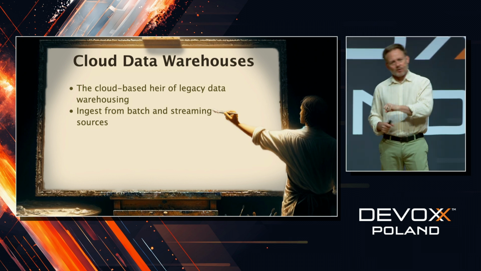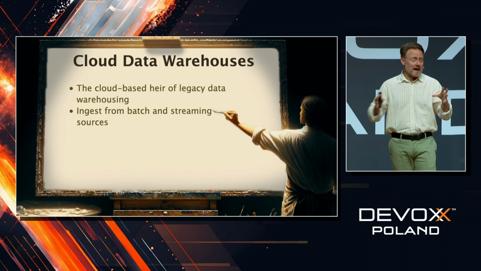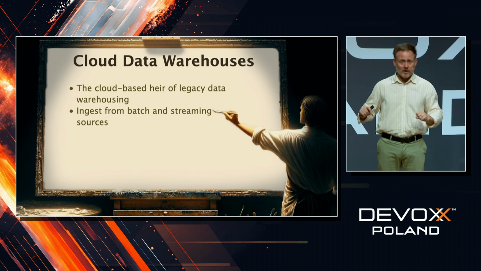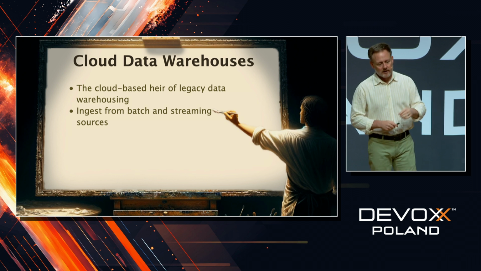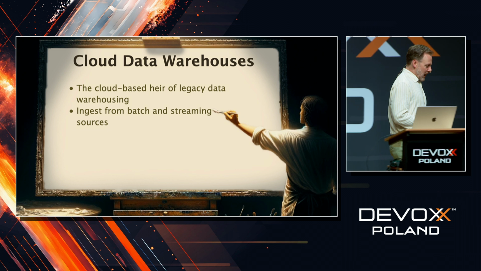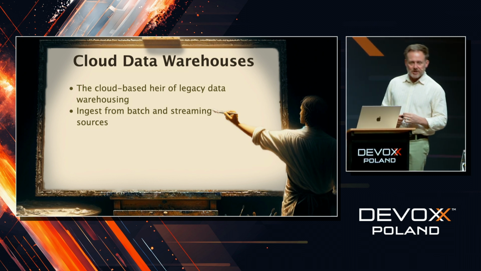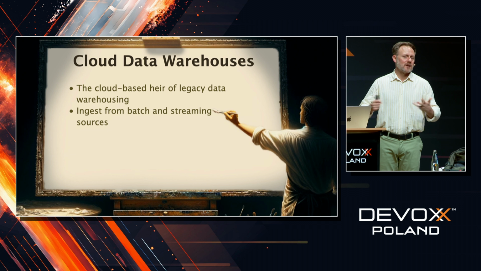Okay, the data you put into a cloud data warehouse, and this is part of the distinction I'm making between data lake and cloud data warehouse, is that the data is explicitly schema'd data in one of these. They have roots in batch data ingestion, and they have non-functional performance characteristics that seem like batch systems.